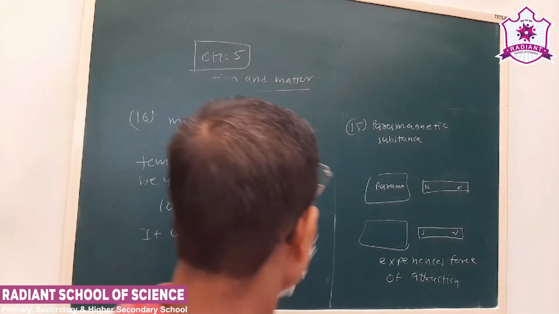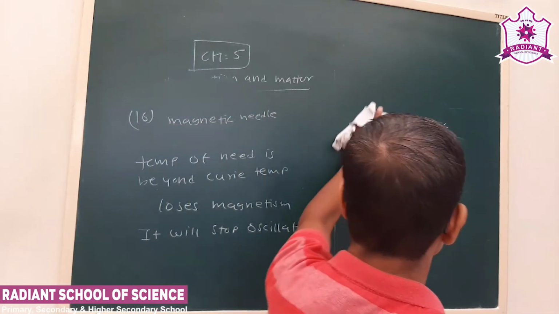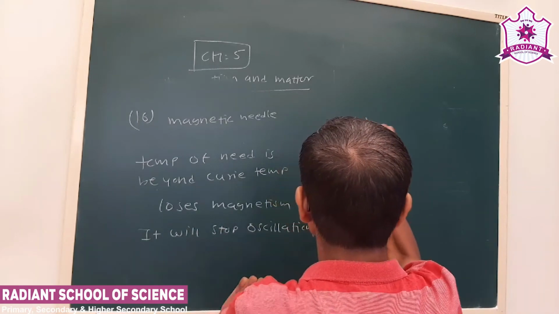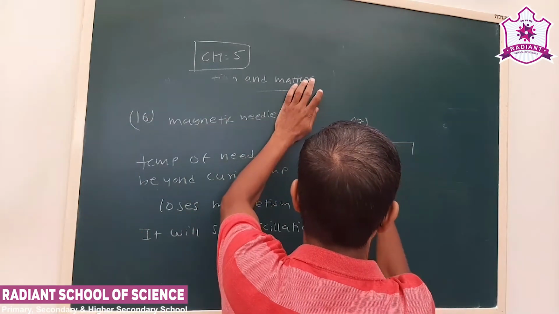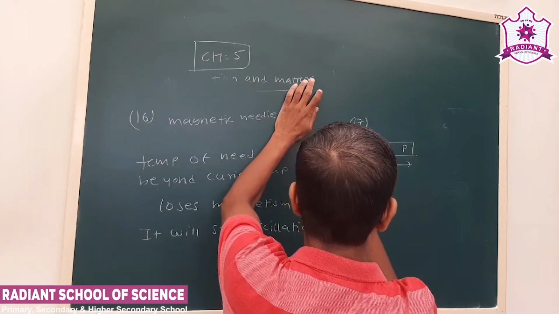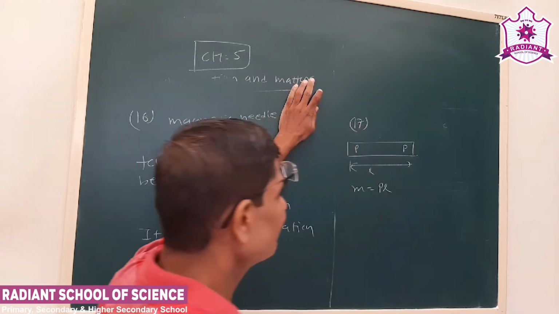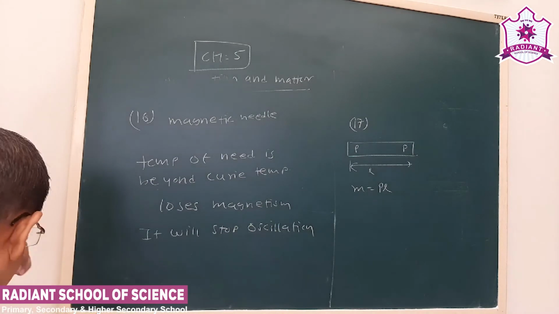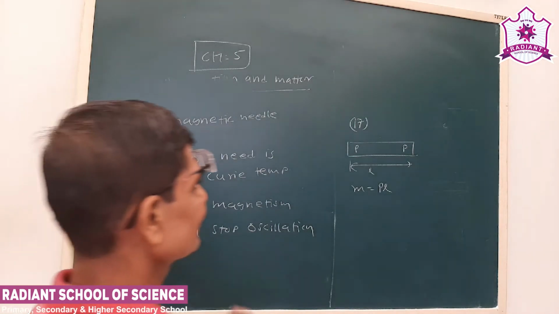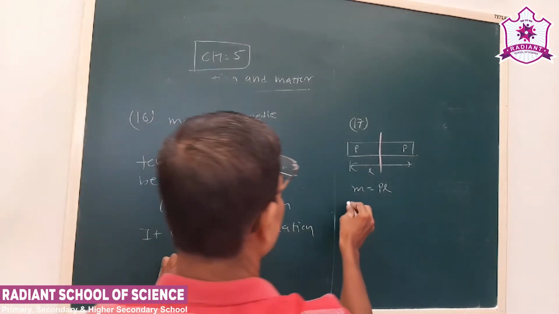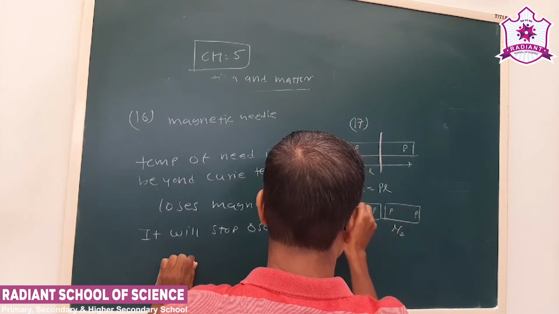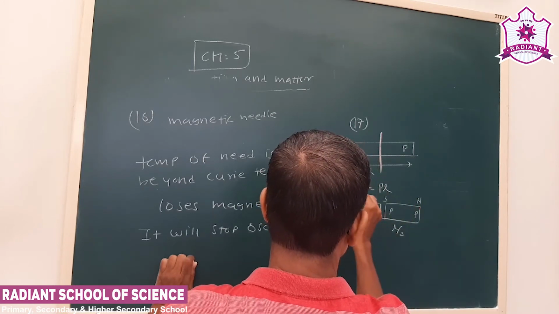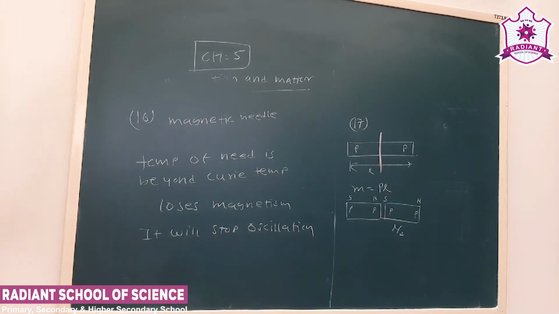Now see our MCQ number 17. See, a bar magnet of length L and pole strength P. As I told, somewhere it is L, somewhere its total length is 2L. It is cut into two equal parts, that is known to us, it will be converted into two magnets. Now what is the new dipole moment?